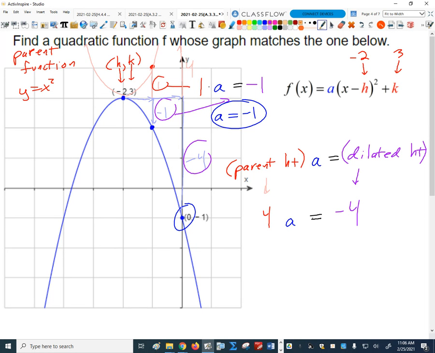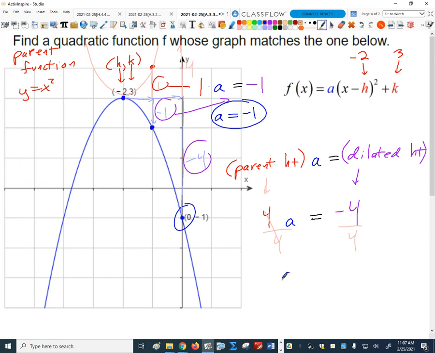I mean, just think about this as a simple algebra equation like 4x equals -4. How do I undo multiplying A by 4? What do I do to both sides? Type it in chat. Good. Divide by what? Divide by 4. Okay, good. Divide each side through by 4 to solve for A.